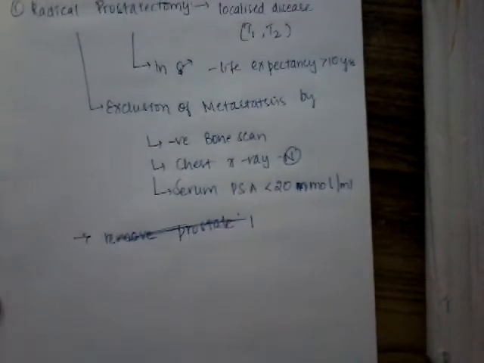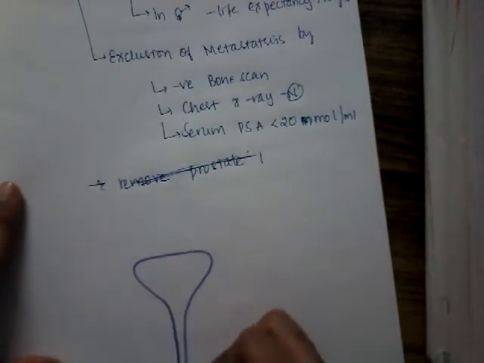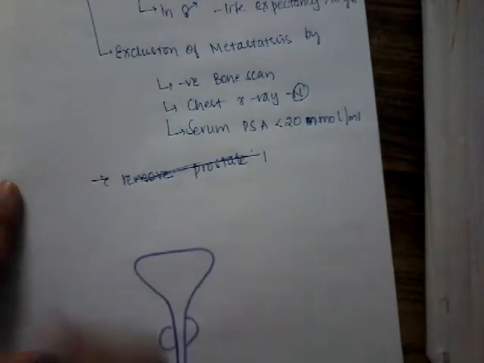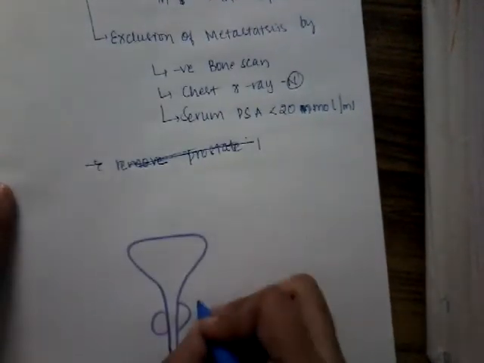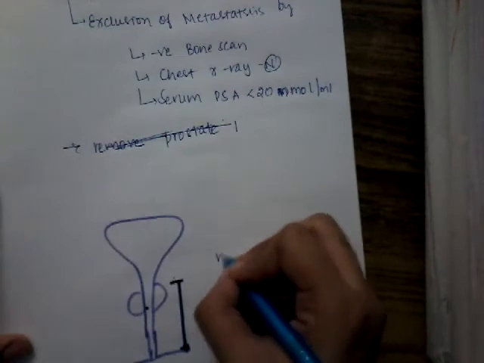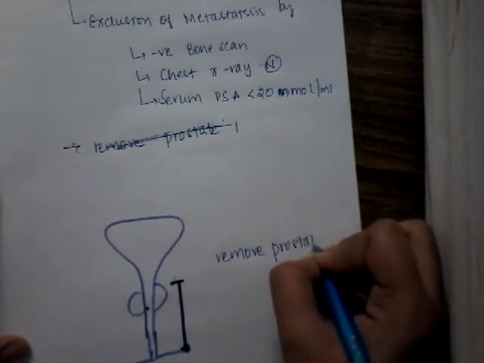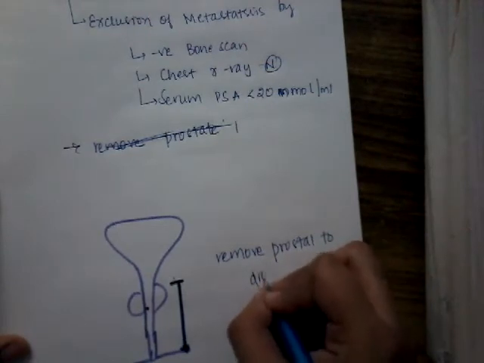That is better. Diagrams are far better in understanding rather than anything else. So this is the prostate and this is here, the external sphincter. So you will remove from the prostate to the external sphincter along with the seminal vesicles.